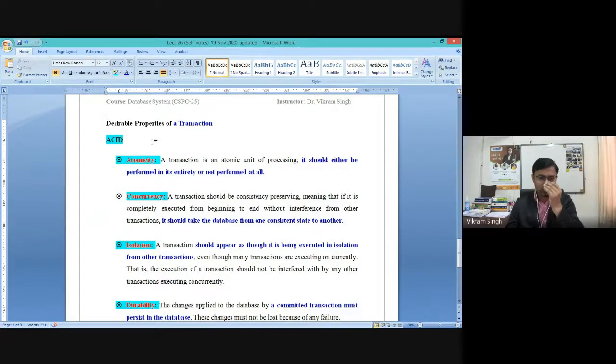So atomicity is obvious and clear. Now we are going to see concurrency. Concurrency is something where you can have concurrent access on the same data item, which we have discussed from yesterday's lecture to today's lecture also. Concurrency says you can have access on the same data item through multiple transactions. That's okay.